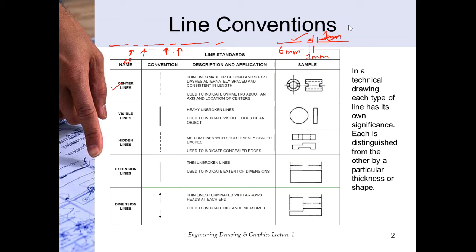For example, if you're locating the center of a circle and you need to draw its center lines, you draw two center lines. The point of intersection of these two center lines will always be a small dash. You cannot use a long dash at the point of intersection, and you have to always remember that the long dashes will be the last dashes.